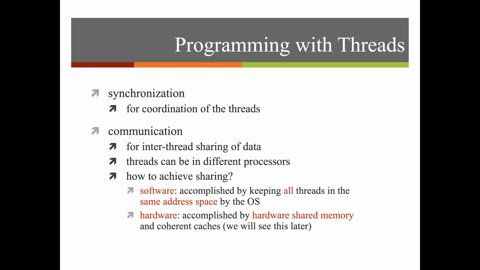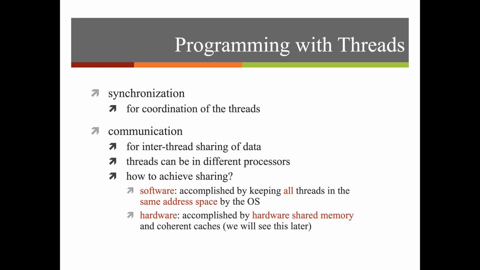And so what are some mechanisms that can be in place to achieve appropriate sharing of the data that is provided from threads? We can have software components that allow for the data sharing to occur. This can be accomplished by keeping all threads in the same address space by the operating system.